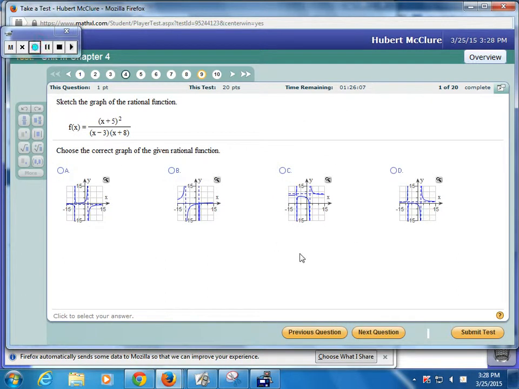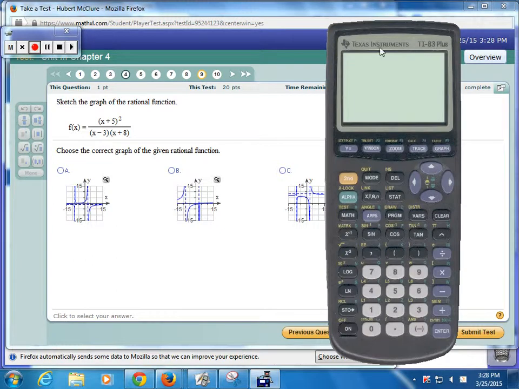All right, look at this one. Now, if you want to, you can graph this. Graph it on your graphing calculator. It'll take you a minute or two, but go ahead. That'd probably be the best thing to do anyway. Take your handy dandy calculator. And y is, now you've got to know how to type it in.